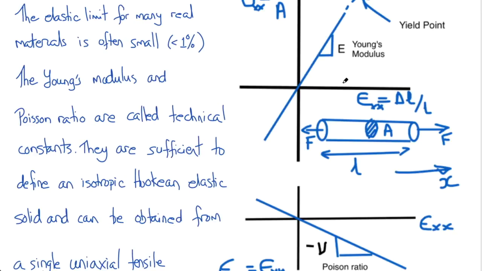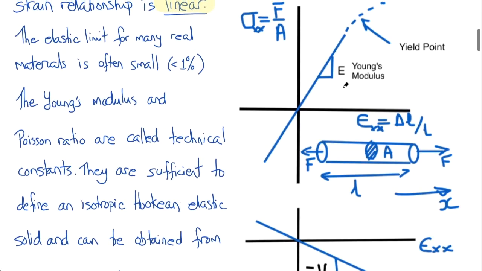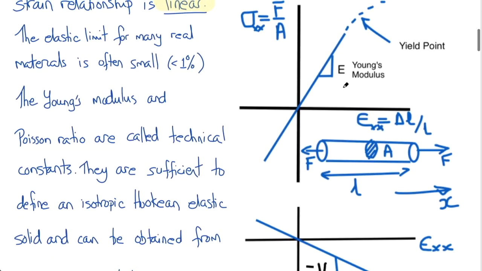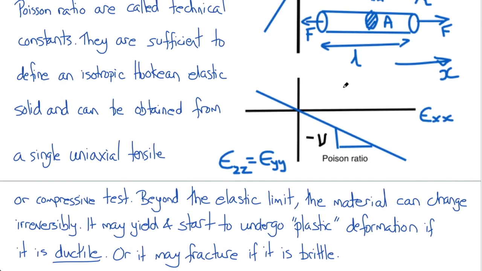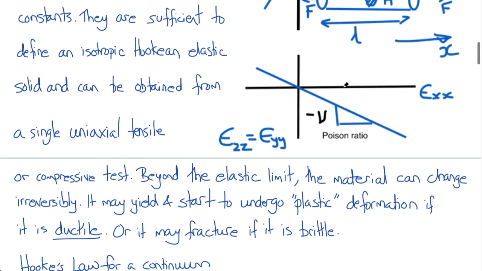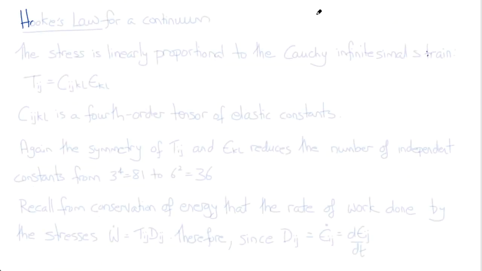Beyond those small strains, we reach the elastic limit, and not only is the stress-strain behavior not linear, it also quickly becomes non-elastic. So neither the assumption of linearity or elasticity will be valid above a certain loading. So with that background, let's derive Hooke's law for a continuum.